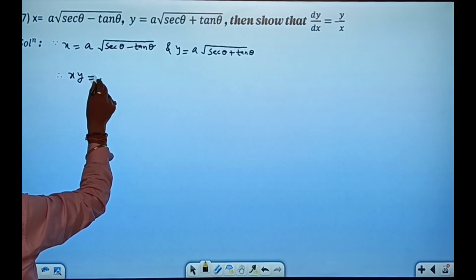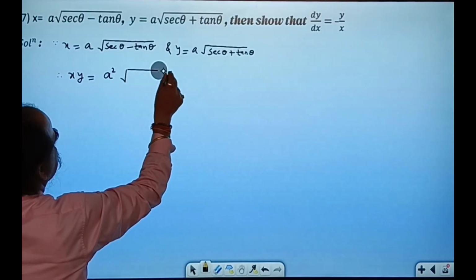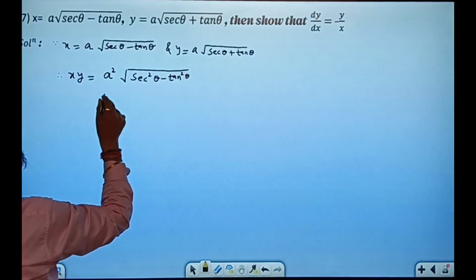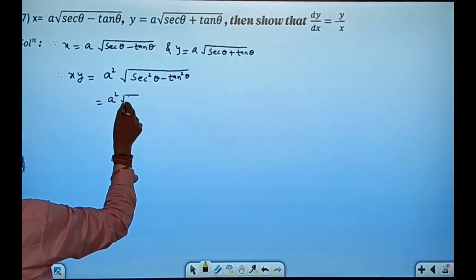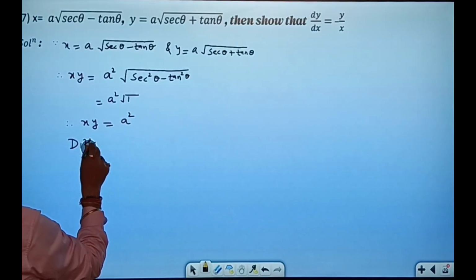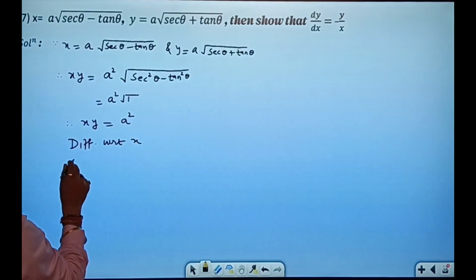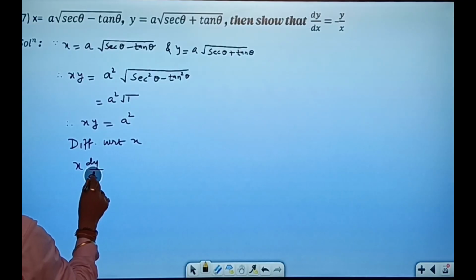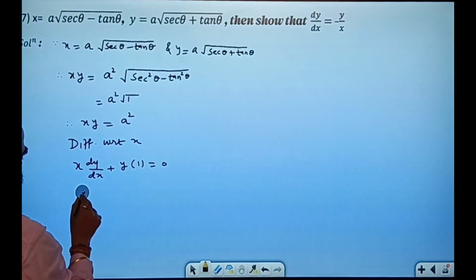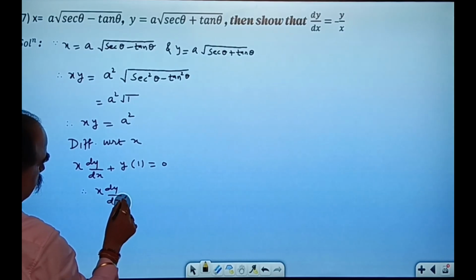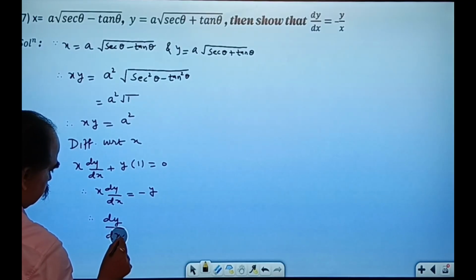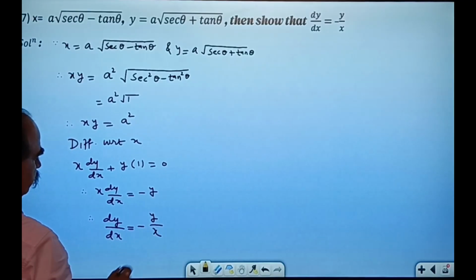Therefore, x into y is what? A square into root sec square theta minus tan square theta, so xy is what? A square. Differentiating with respect to x, u into v: x derivative of y plus y into derivative of x is equal to 0. So x dy by dx is what? Minus y. Therefore, dy by dx is what? Minus y by x.